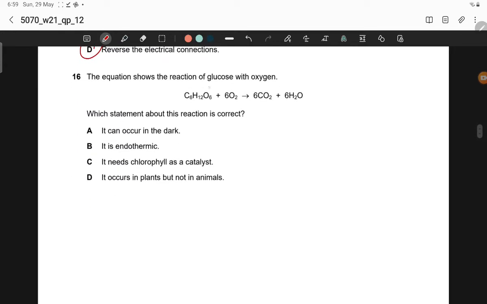The equation shows the reaction of glucose with oxygen. Which statement about this reaction is correct? It can occur in the dark. This is the photosynthesis reaction, which occurs in the presence of sunlight.